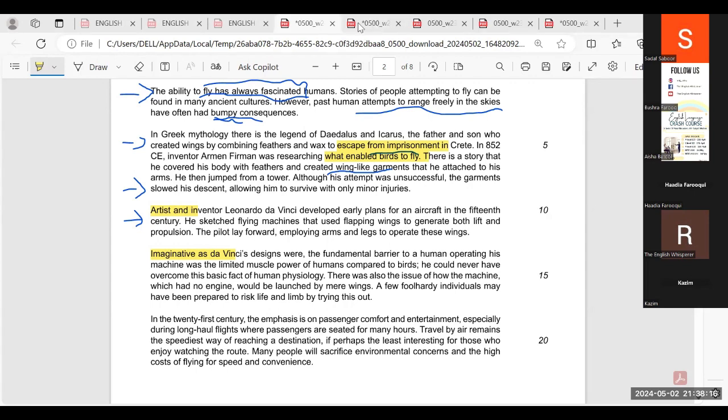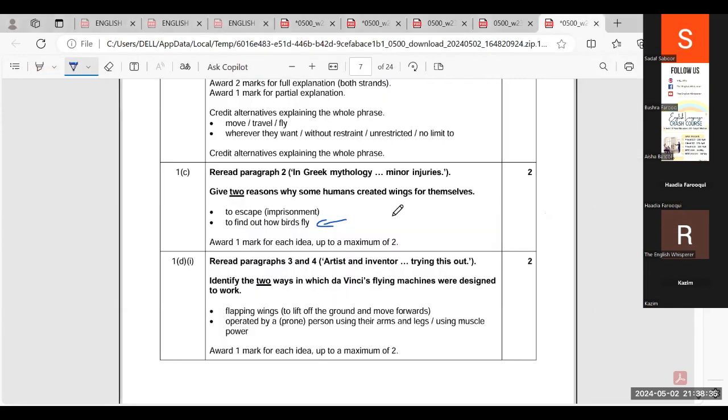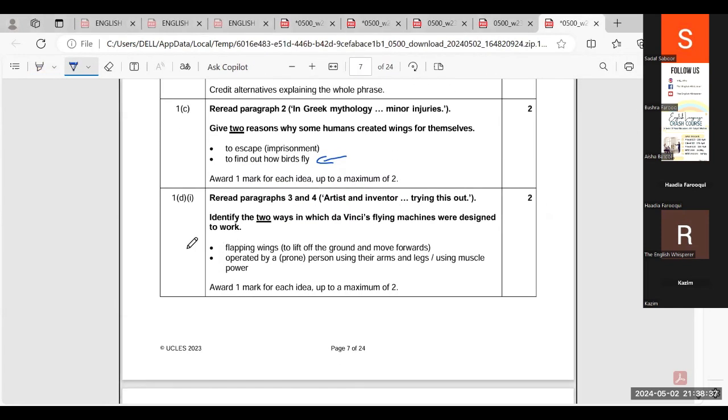Okay, so Mariam has said paragraph 3, last 2 sentences. So you're saying because they employ arms and operate these wings, but are you also saying this part? So flapping wings and operated by one person.